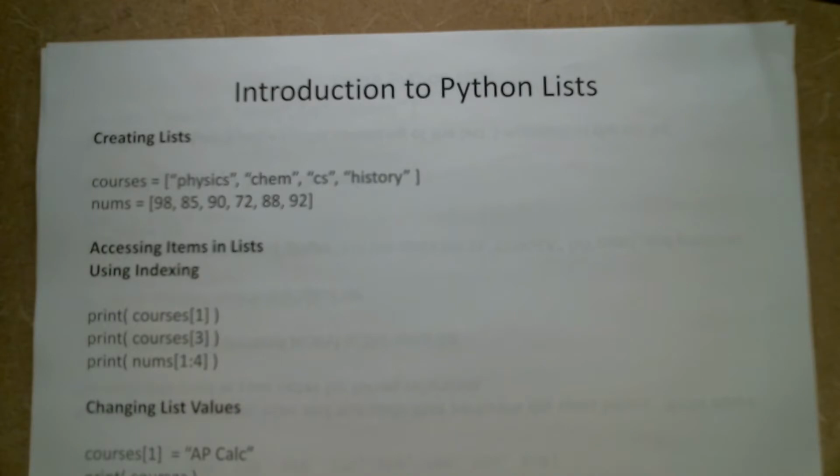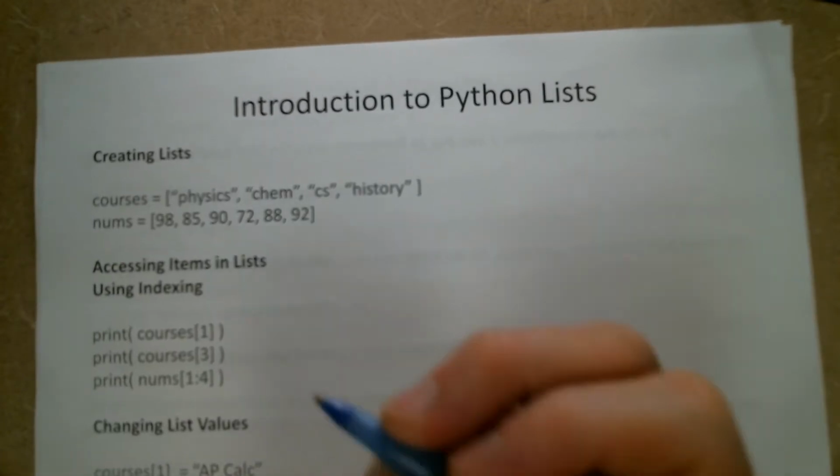So we've created these lists. How do we start accessing the individual elements of it? It's going to be very similar to string indexing, where we could access individual letters of the string. We can access individual aspects of our list, and they follow the same numbering sequence.